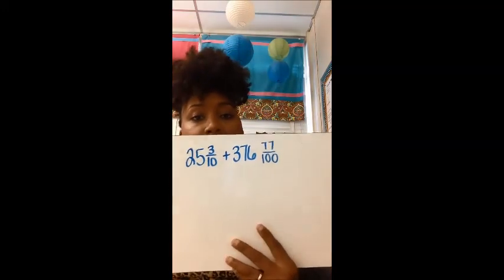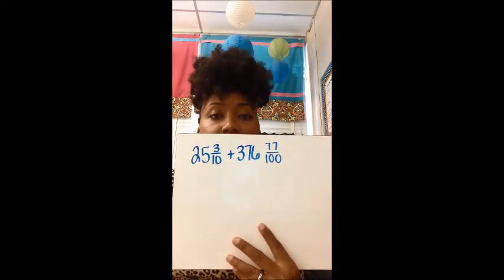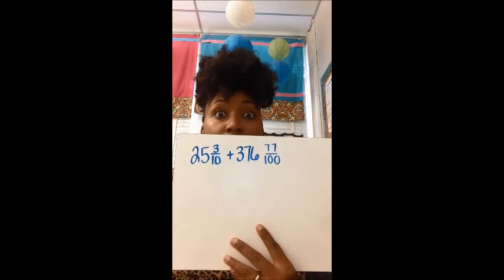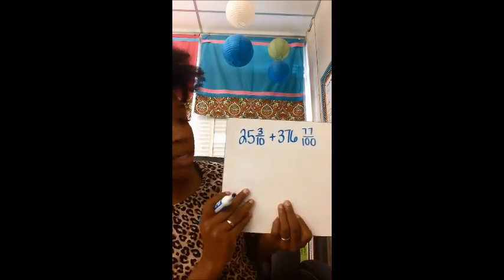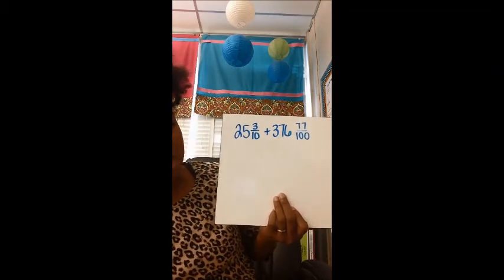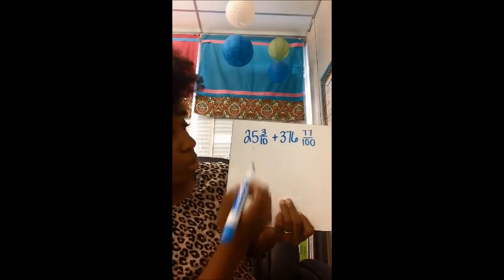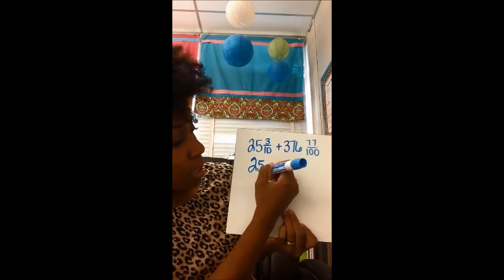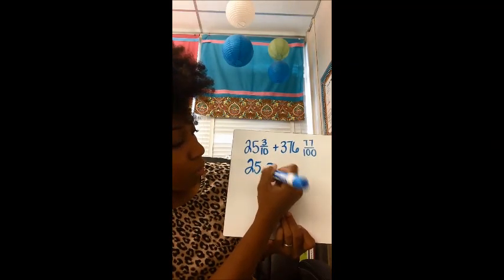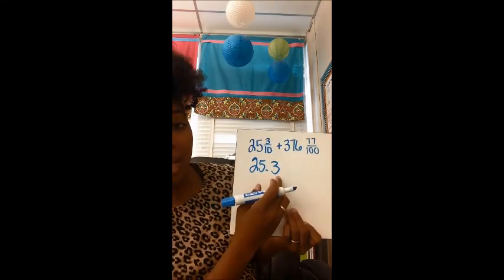We have 25 3/10 plus 376 77/100. That's a mouthful, right? So what we first want to do is convert these mixed numbers into decimals. So I'm going to have 25 decimal 3. That's 25 3/10.